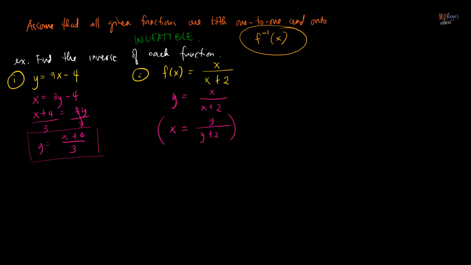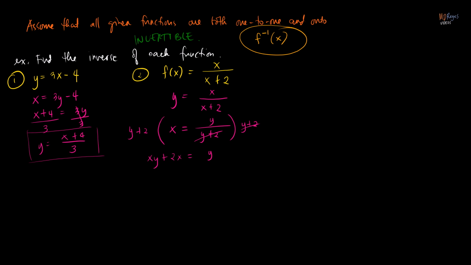To do that, we multiply both sides of the equation by y plus 2. And then assuming that you know how to multiply algebraic expressions, the left side will give us xy plus 2x, and then the right side will just have y.